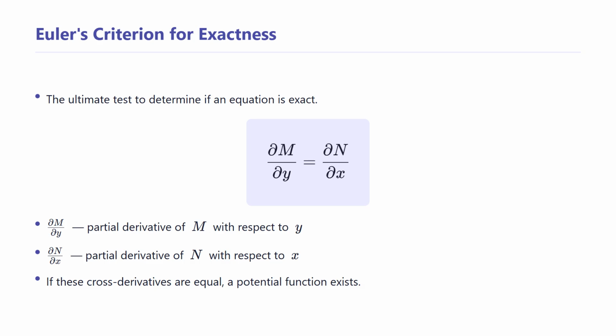If they are not equal, the equation is inexact, and we cannot directly find a single potential function. Physically, if these derivatives match, it means the forces are perfectly balanced and conservative. If they do not match, energy is being lost or added along the path, perhaps due to friction or an external heat source.